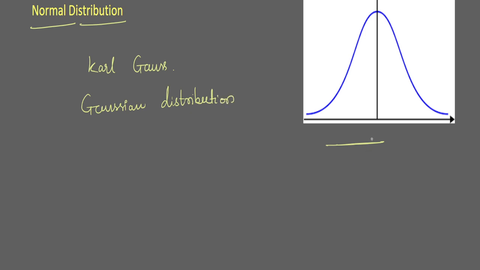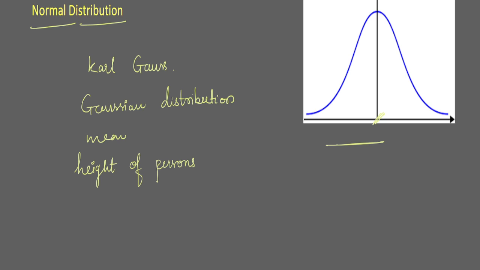Normal distribution always clusters around a central value, that is the mean, which is always located at the middle of the curve. Let us consider an example of heights of persons, heights of the students. Most of the people are of average height, and the number of people who are taller or shorter is very small.